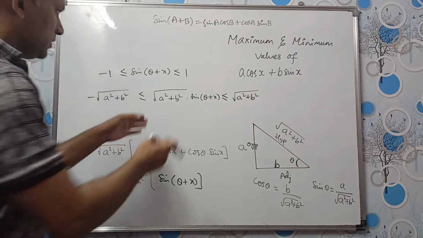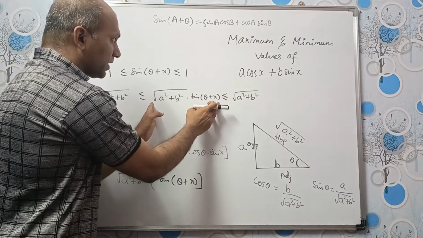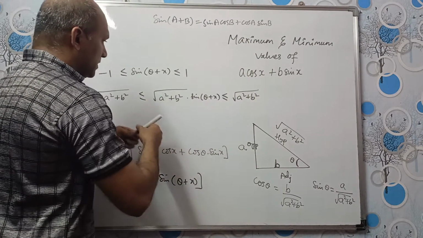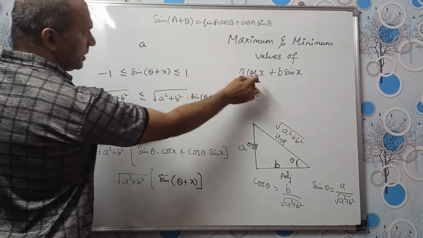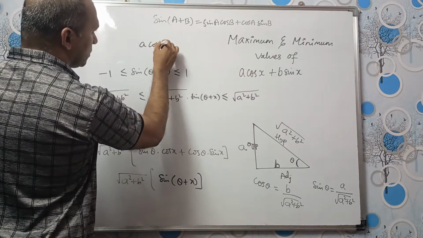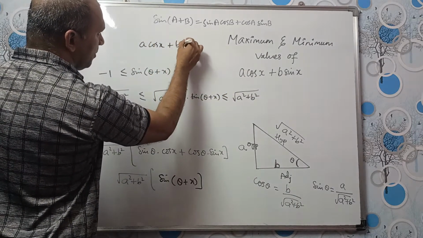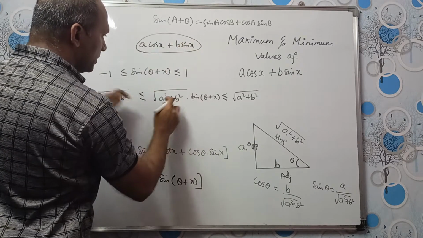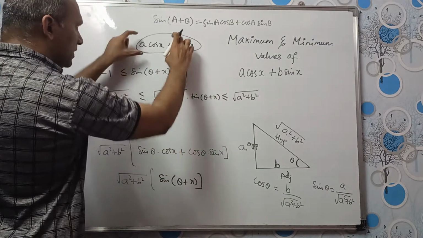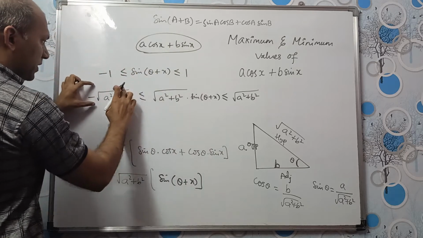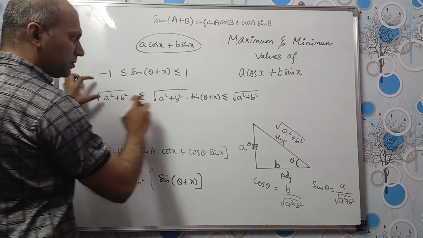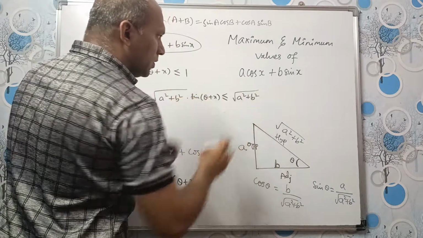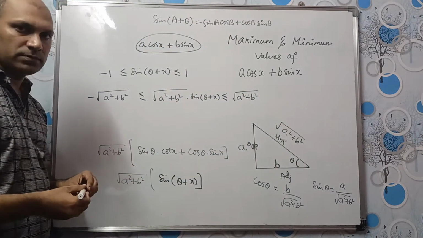Okay, so this value, what is this? This is the same as a cos x + b sin x, right? So this value is ranging from minus root of a² + b² to root of a² + b².